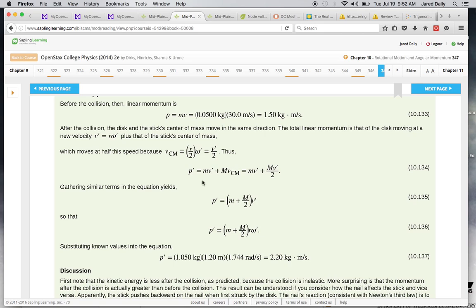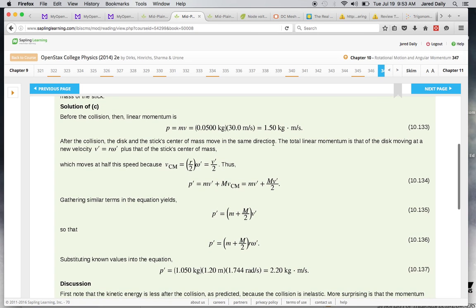Then you solve for that linear momentum, you get this answer right here, that p prime equals mass plus big mass over 2 times the velocity. And we get that velocity, that tangential velocity of the rotational motion, by multiplying the angular velocity times r right here. And we get a final linear momentum of 2.2 kilogram meters per second. And the initial, of course, being 1.5 kilogram meters per second.